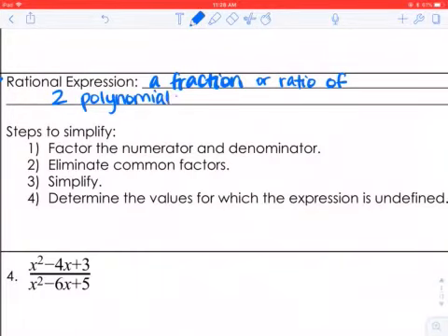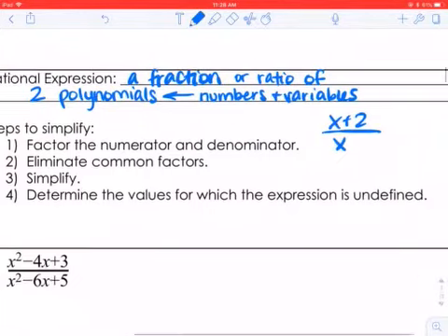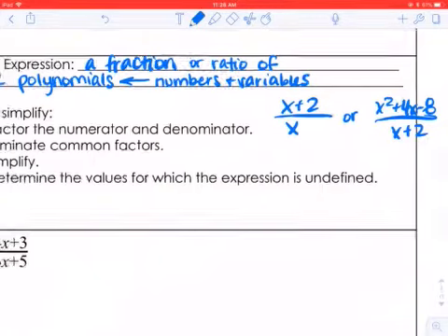Remember, polynomials are just numbers and variables. An example might be x plus 2 over x, or another example might be x squared plus 4x minus 8 over x plus 2. Basically just a big old fraction.